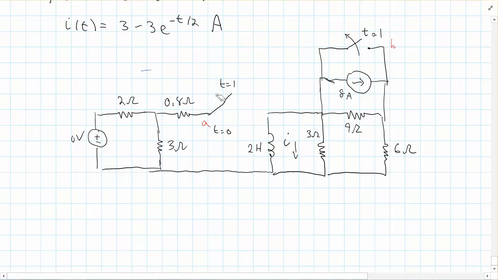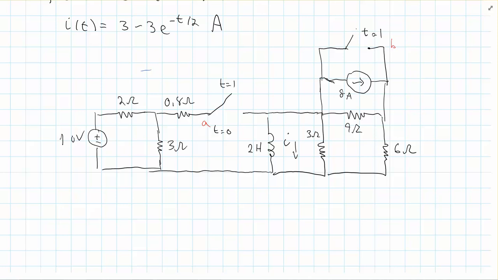Okay, so at t equals 1, the switch there is back open, and this switch is open as well. So we're going to have a much simpler circuit than what we've had in the past here.